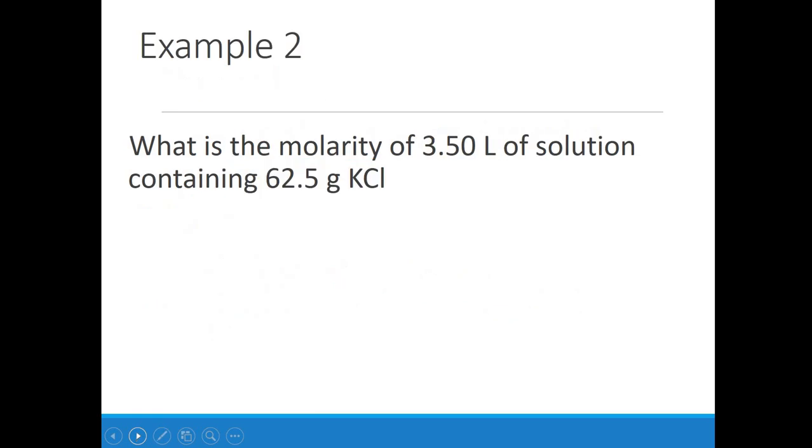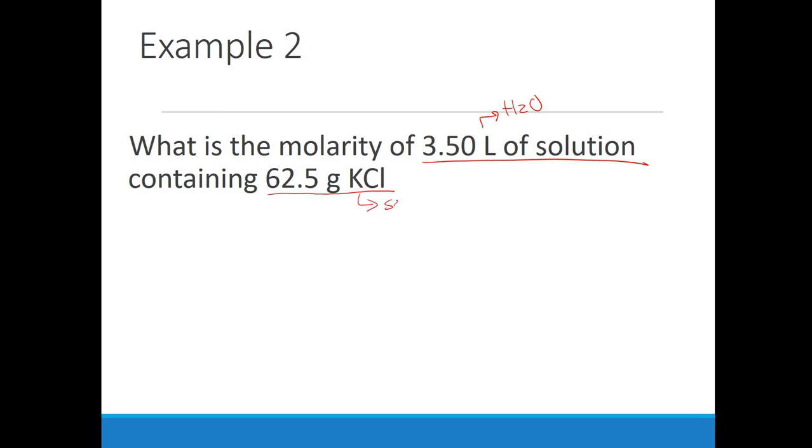All right, example 2 says, what is the molarity of 3.5 liters of solution that contains 62.5 grams? We know that we have 3.5 liters of a solution. We don't know what the solution is, so again, we're going to assume we're making this in water. It tells us that we are adding 62.5 grams of a salt, this time potassium chloride.